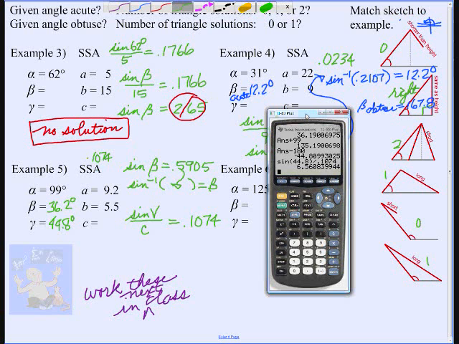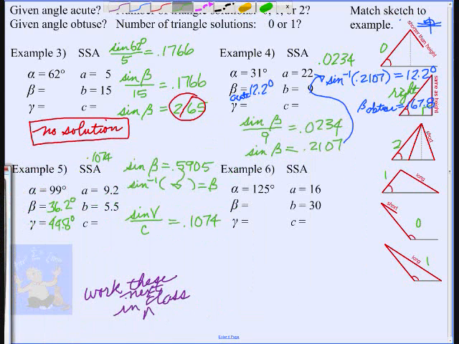Let's say 6.6. Now, does it make sense? The smallest angle has the shortest side, the largest angle has the longest side, so it does make sense.